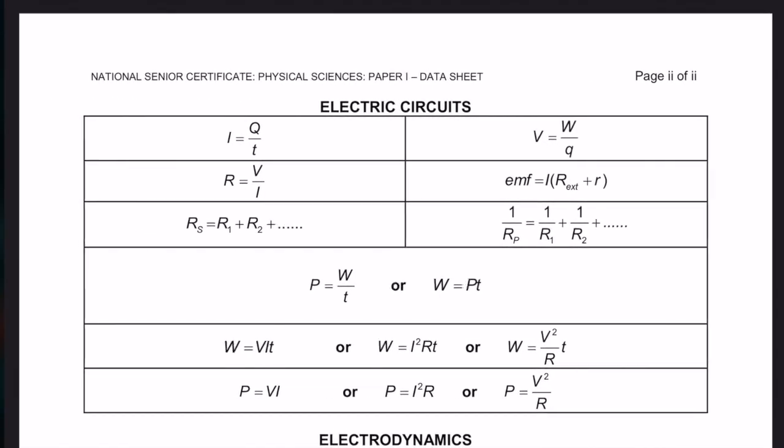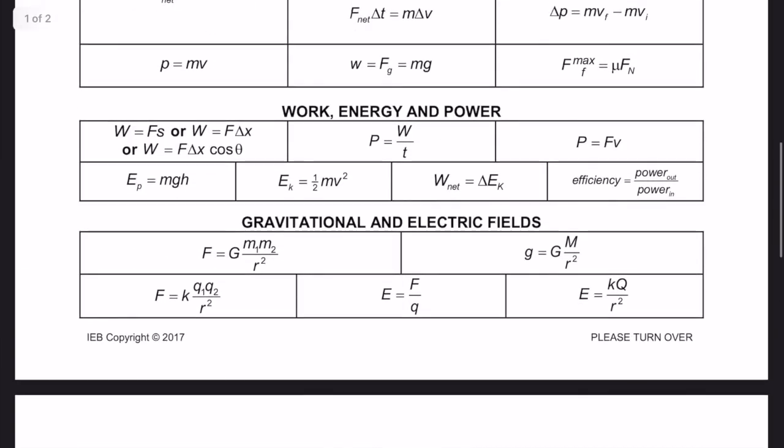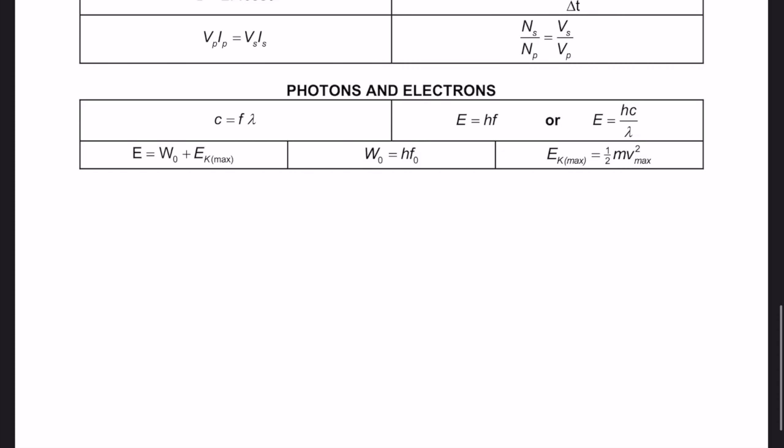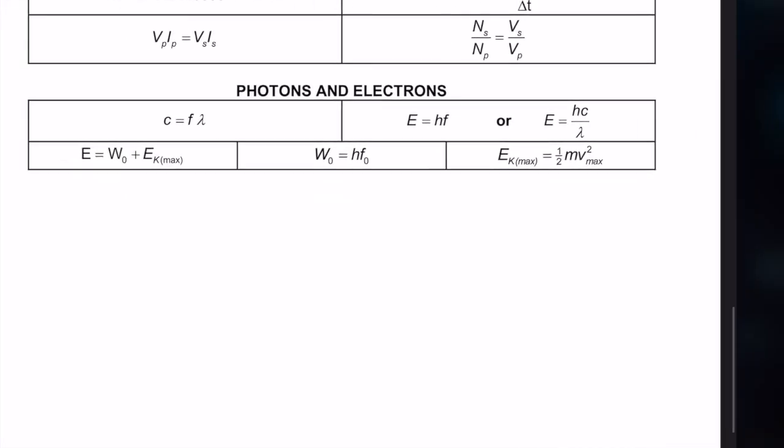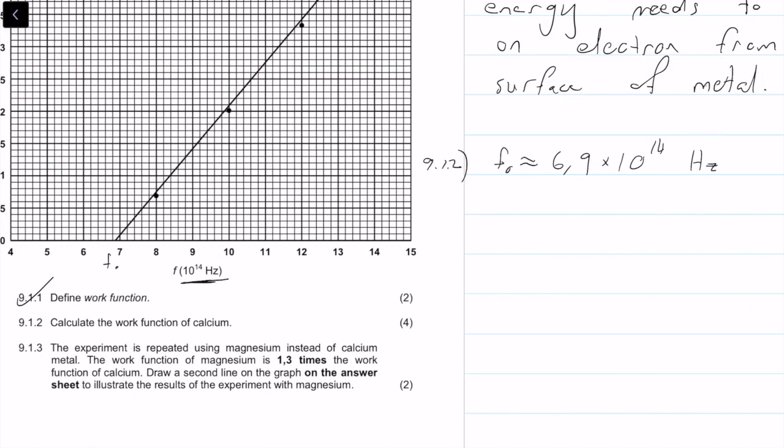Let's see if I've got it open. Looking at photons and electrons, the last row, middle column. The work function is equal to H times F naught, where H is Planck's constant.